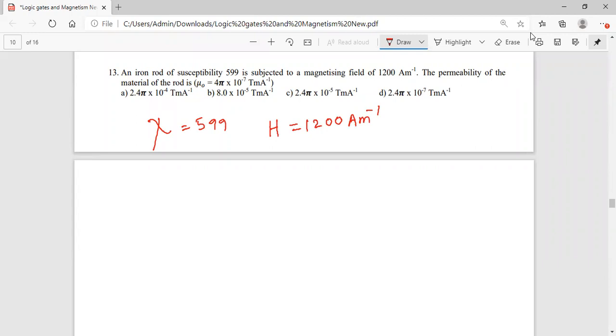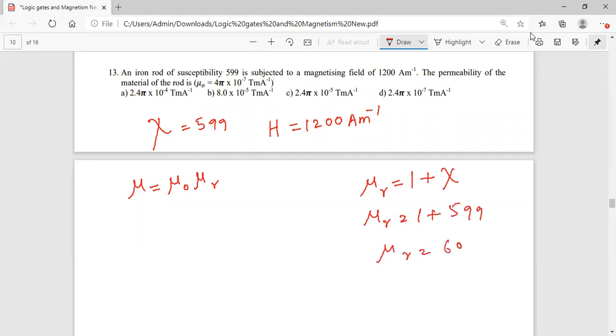For the permeability of the material, mu, you have to calculate mu. Mu is equal to mu naught into mu r. Mu naught is given. You first have to calculate mu r, which is equal to 1 plus chi, the magnetic susceptibility. Therefore, mu r is equal to 1 plus 599, that is, mu r is equal to 600.